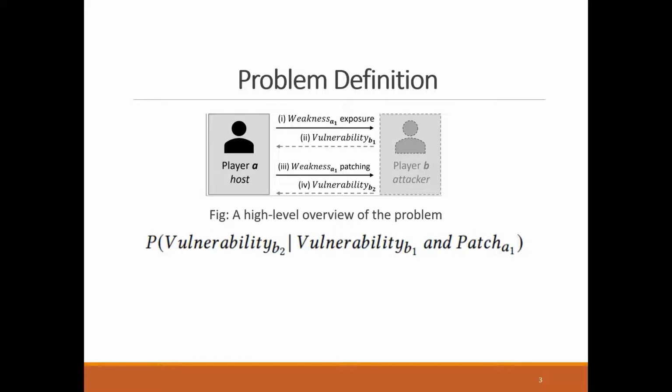And in response to that attack, player A also plays some move, which is the patch A. And in response to that, we want to figure out what vulnerability is generated, vulnerability B2. So we are trying to figure out the probability of vulnerability B2 based on vulnerability B1 and patch A1.